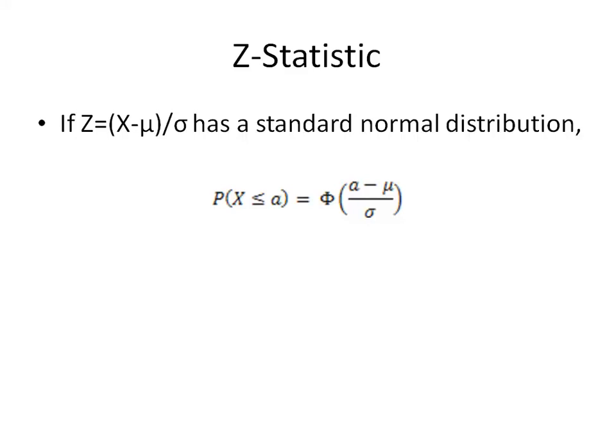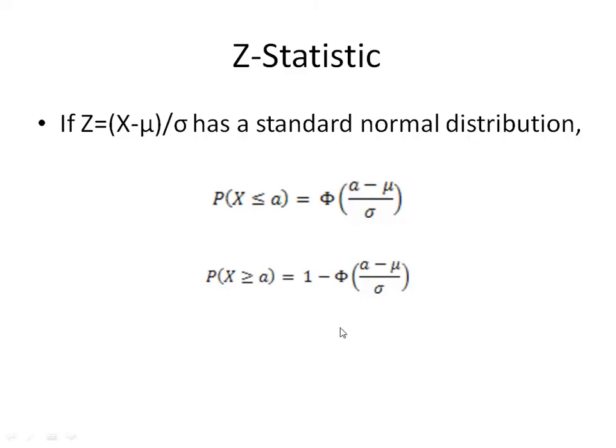For example, the probability that a random variable X is less than some threshold value A is now represented by this Z statistic of A minus the mean mu over the standard deviation.